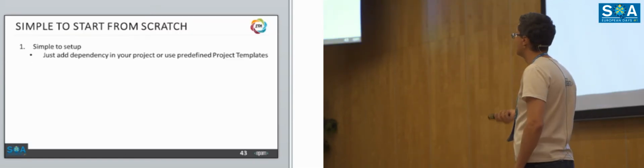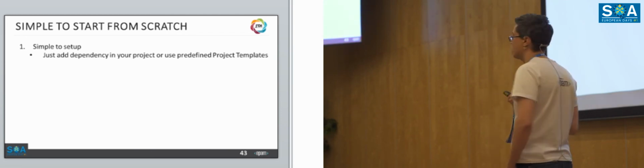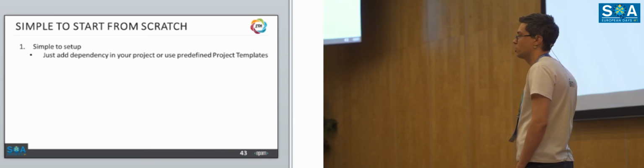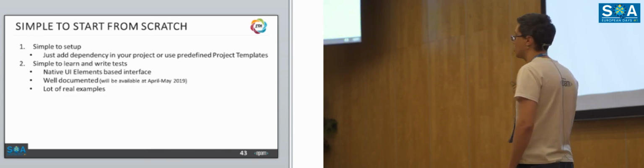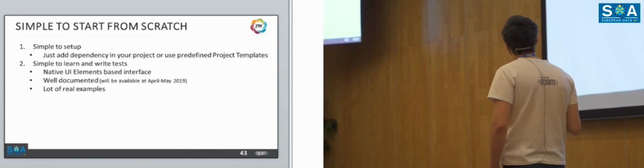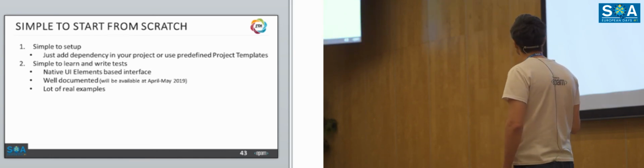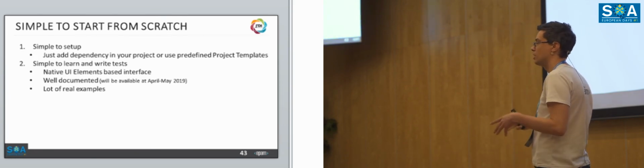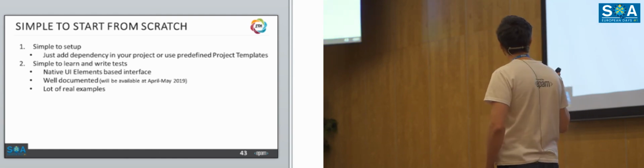So one more statement. JDI is a really simple platform. You can easily add it to your projects, just add the dependency, and you will get an immediate result. And you can write this kind of UI objects. It uses the elements that are native for users. It's well documented. With a disclaimer, we are now working really hard on the documentation and writing different types of documentation for it.